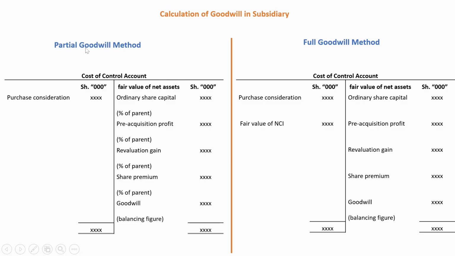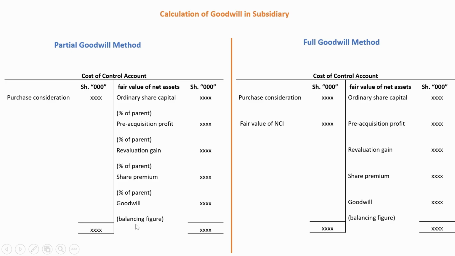Because this is the partial goodwill method, we don't take all the net assets, we take the share of the parent. So that is why here in brackets we are taking the percentage of parent. Every item that we show here, we multiply by the percentage of the parent. So once you have shown all the items shown under the equity, including revaluation gain, which may be given in the additional information, the balancing figure, which usually comes on this side, is what we call goodwill.